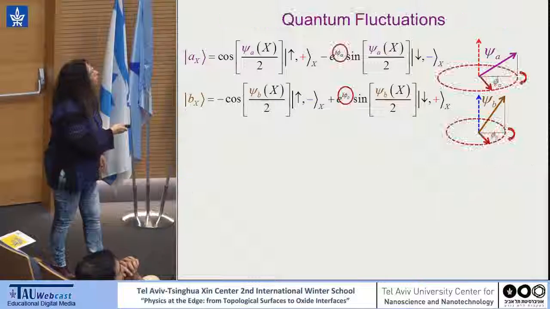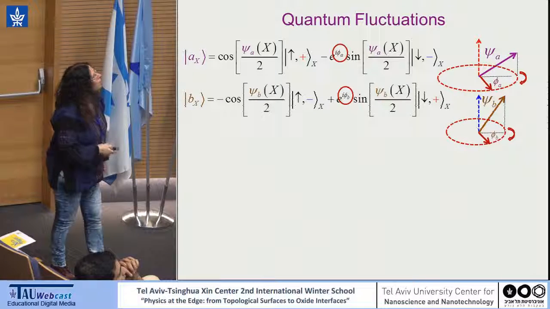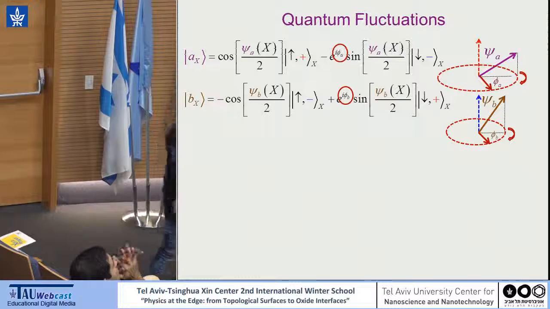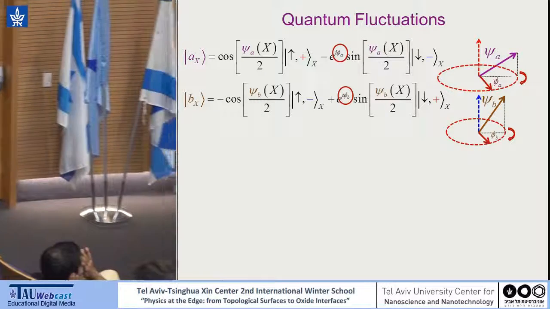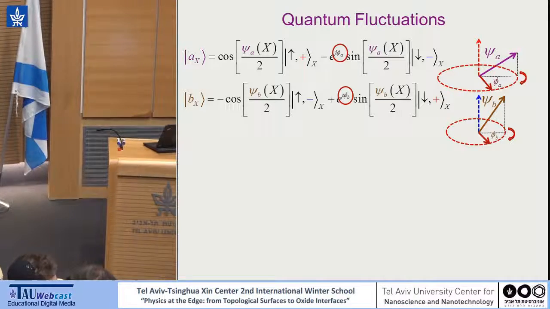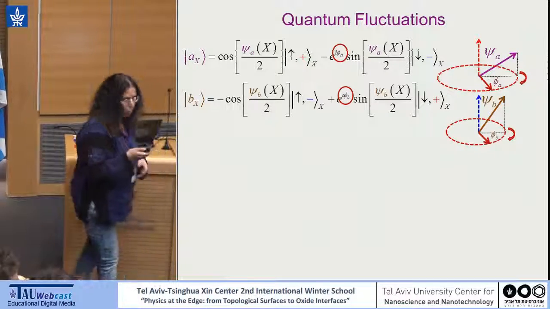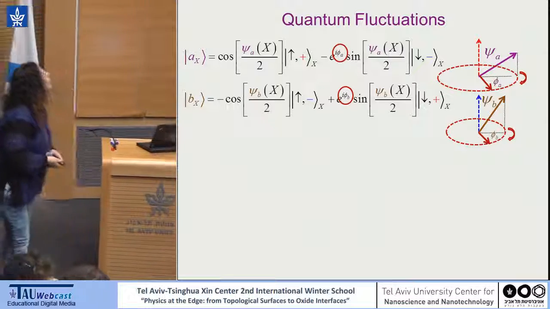So now we are ready to discuss the excitations. So far, I just told you how the ground state looks, but the modes that can carry charge or spin in this system are fluctuations above the quantum fluctuations of the ground state.